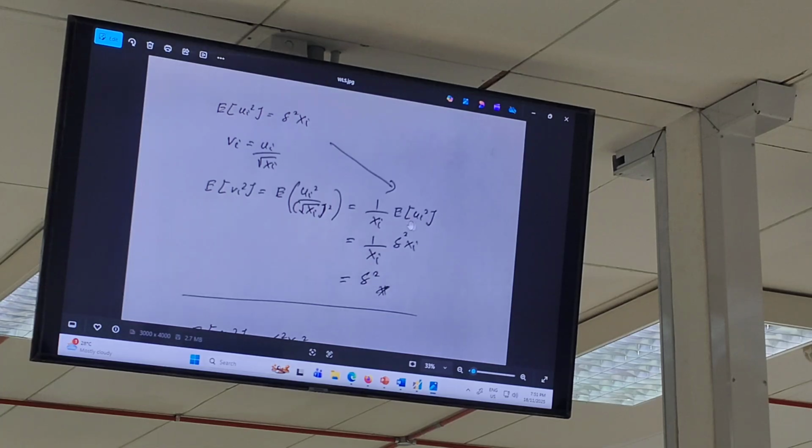We know that the variance of the original error, ui squared, is sigma squared xi. If you cancel this out, you will have sigma squared. Meaning that we transform the equation so that the new error variance is just sigma squared; it does not depend on i anymore, it is not proportional to x.